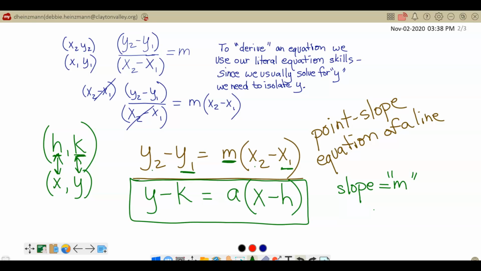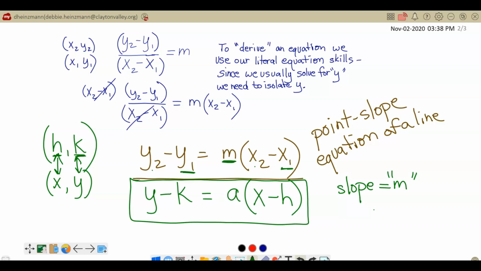And then when you do exponential functions, you come up with this form of an exponential, this form of an absolute value, this form of a rational equation. All of them use this exact structure. And you get to learn what these letters do. But the cool thing is that they never change. So I'm going to try to use this terminology for you guys right now.